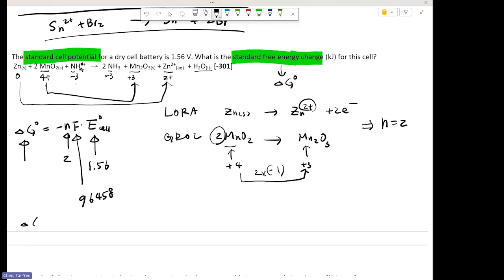Once you do that calculation, you're going to get your delta G now equals 300950 joule. It's not 300. 300950 joule, which is going to give you 301 kilojoules. So that will be the answer.